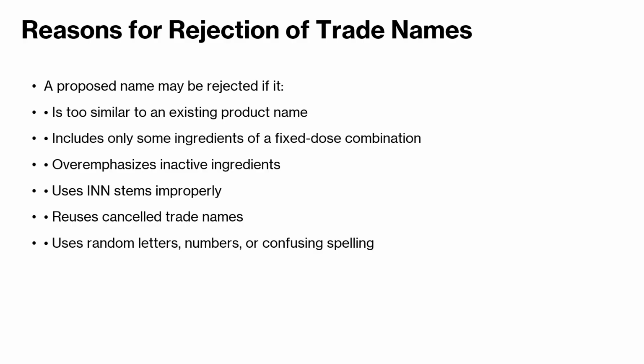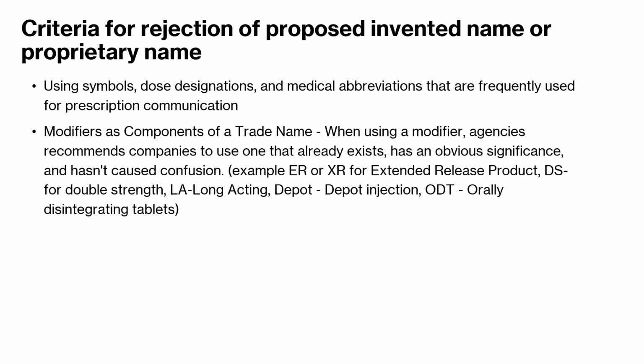Use of random letters, numbers, or confusing spelling is also not accepted in the invented name. Any symbol, dose designation, or medical abbreviation that is frequently used by doctors in communication is not accepted as an invented name.